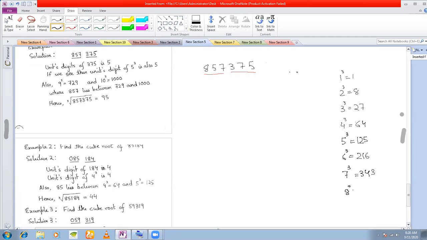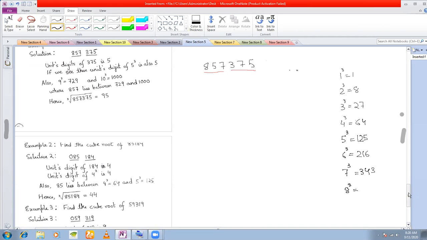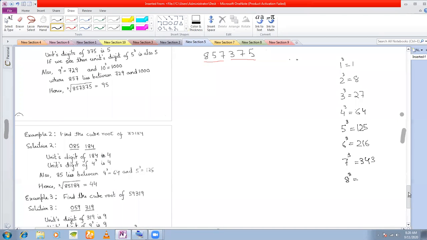8 cube, how much is 8 cube? 8 cube is 64 into 8, which is 512. 9 cube is 729.